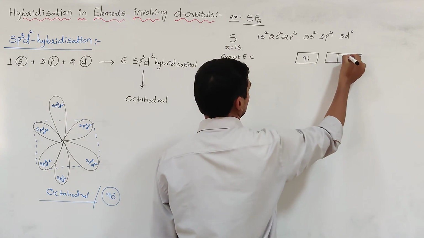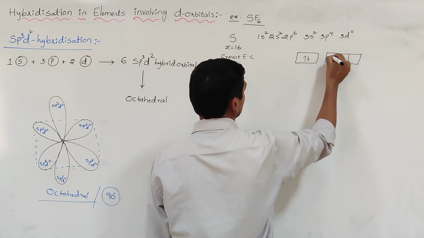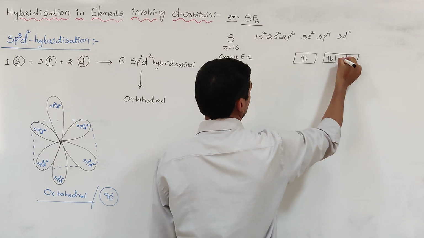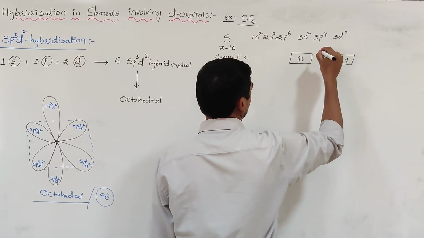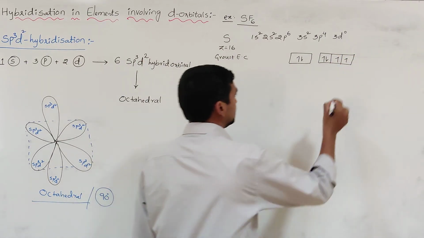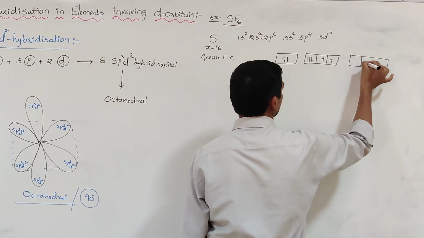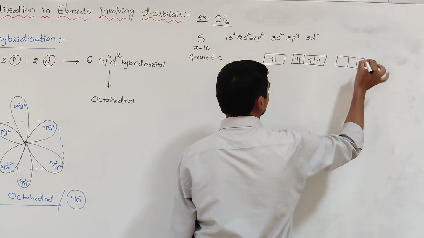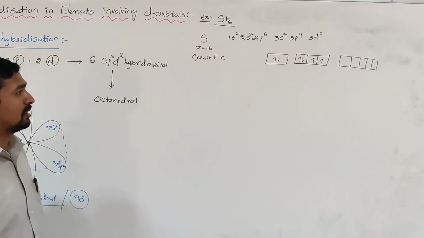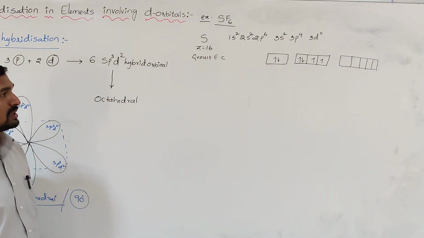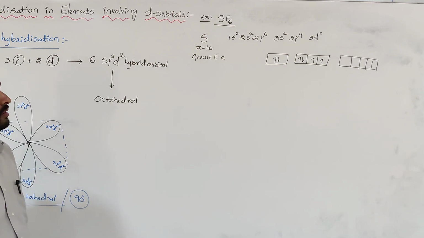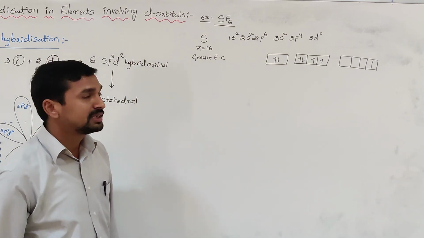In the 3p orbitals, two orbitals are filled with 1 electron each and one more orbital is paired, whereas the 3d orbital remains vacant. So the ground state electronic configuration does not account for the covalency of sulfur, that is 6.